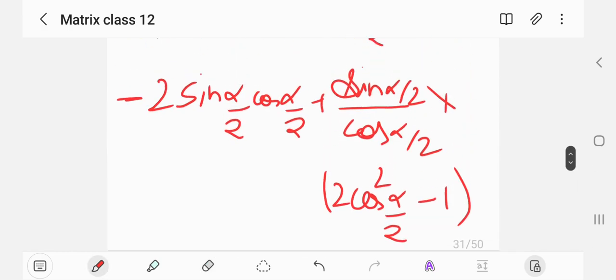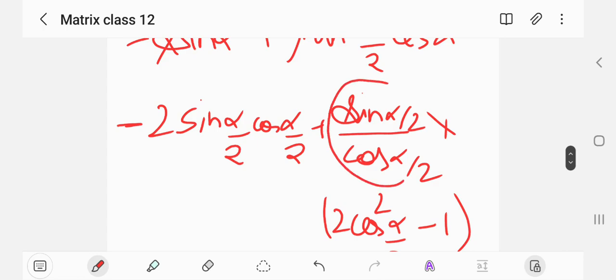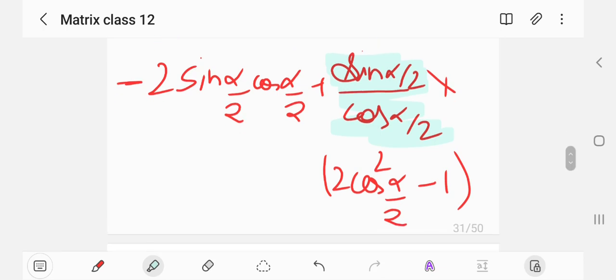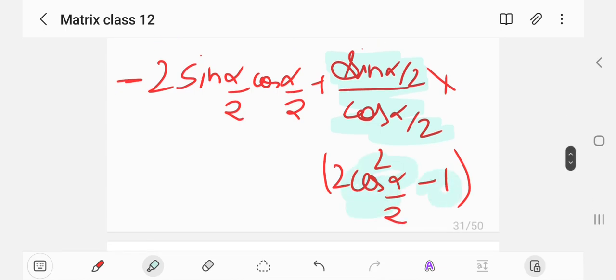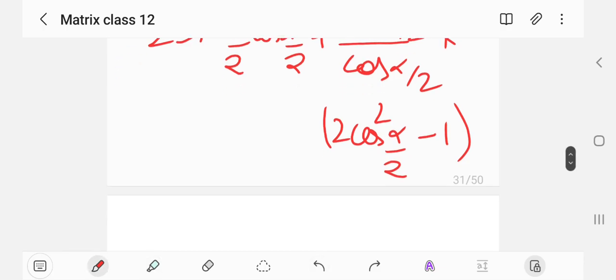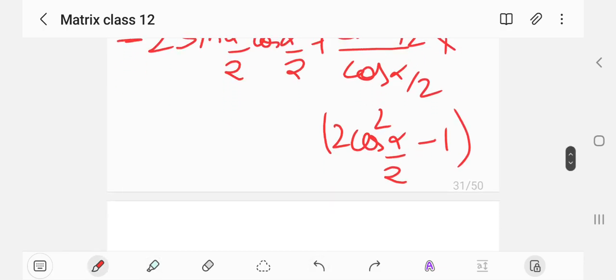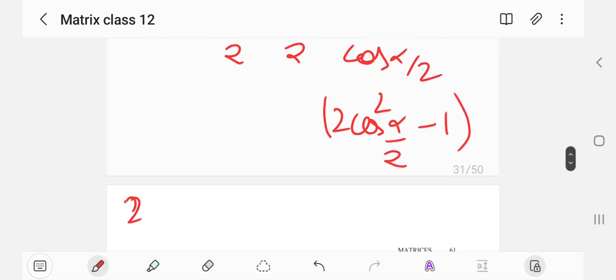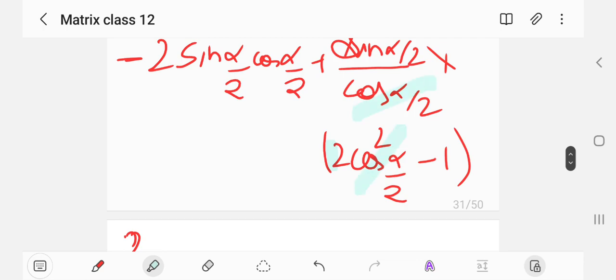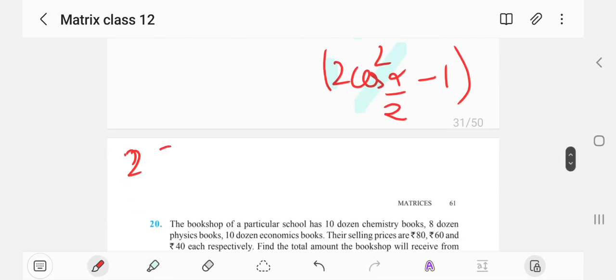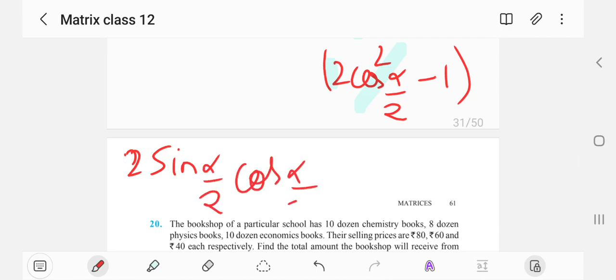Let me again show you. When I multiply this part with this part and this part, what will I get? See, carefully look at this. I will get 2, this 2 will remain as it is, this one cos will cancel with this, so I will be left with sin alpha by 2 and cos alpha by 2, right?